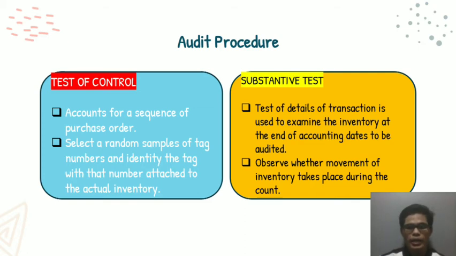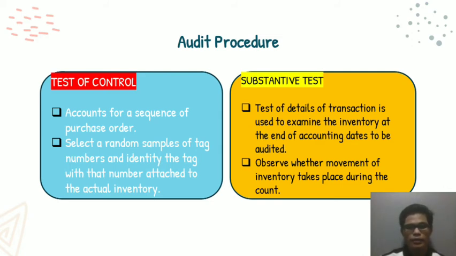For audit procedure in the existence assertion, they are divided into two procedures, which are test of control and substantive step. For test of control, the first one is to account for a sequence of purchase orders, and number two is to select a random sample of tag numbers and identify the tag with that number attached to the actual inventory.